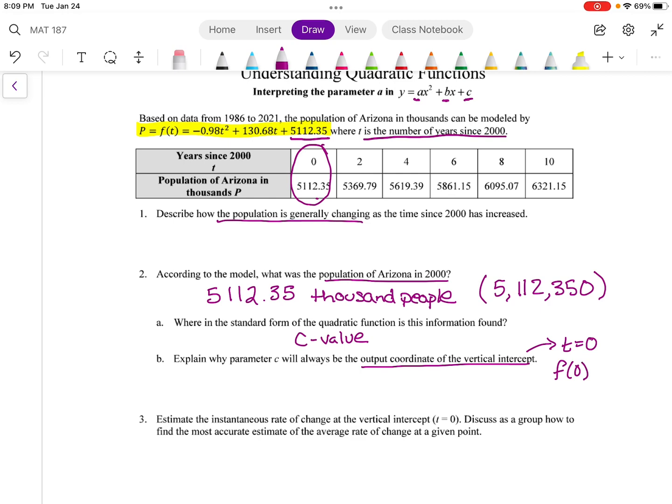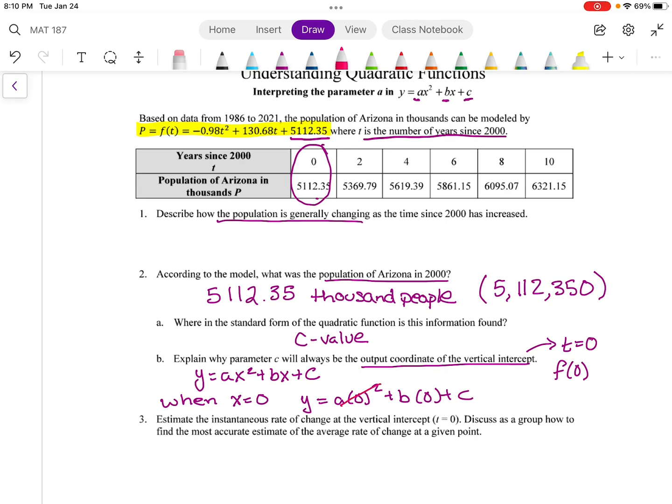If I go back to my standard form equation, y equals ax squared plus bx plus c, and I plug in 0 for all my x's, I would have a times 0 squared plus b times 0 plus c.